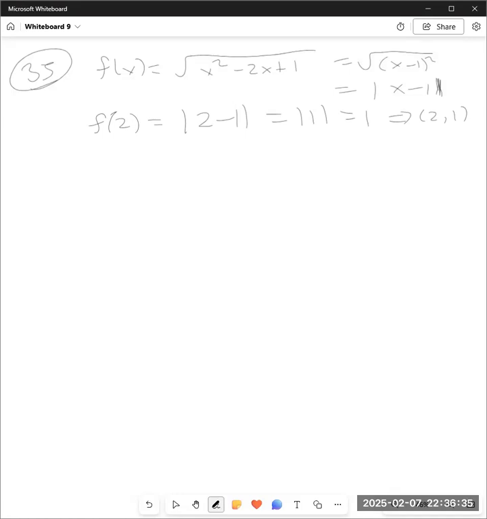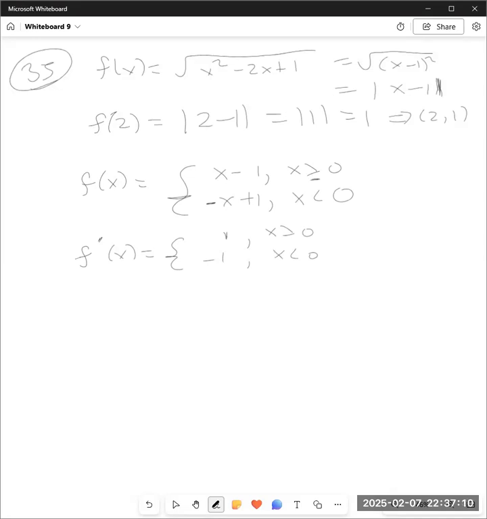And we have f of x is equal to x minus 1 when x is greater than 0, negative x plus 1 when x is less than 0. So f prime of x will be equal to 1 when x is greater than 0 and -1 when x is less than 0.